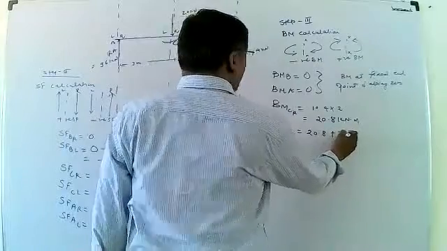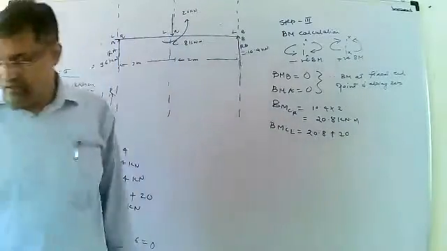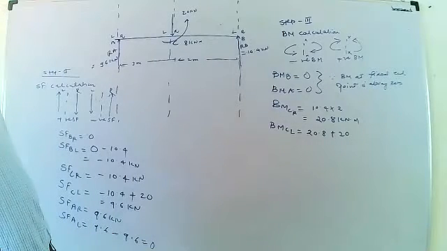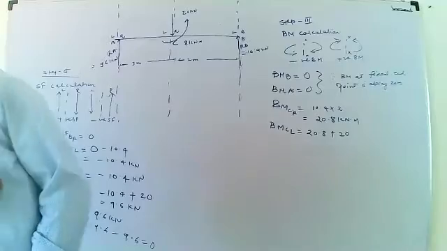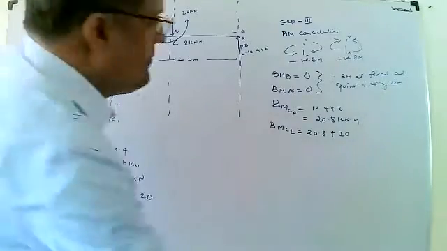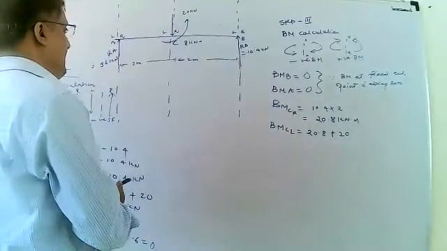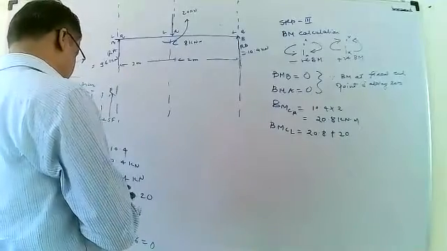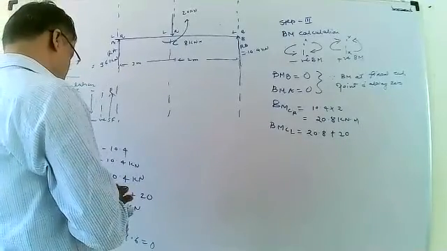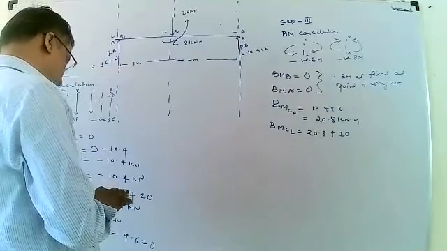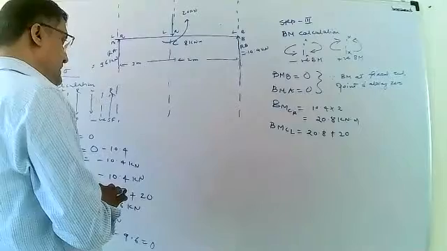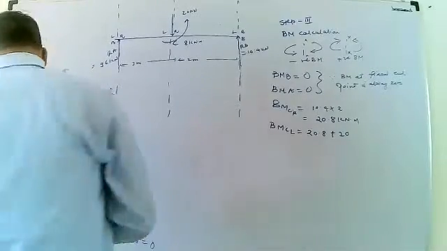Sagging means the value is already given, 20. Then the final value is 20.8 plus 20.